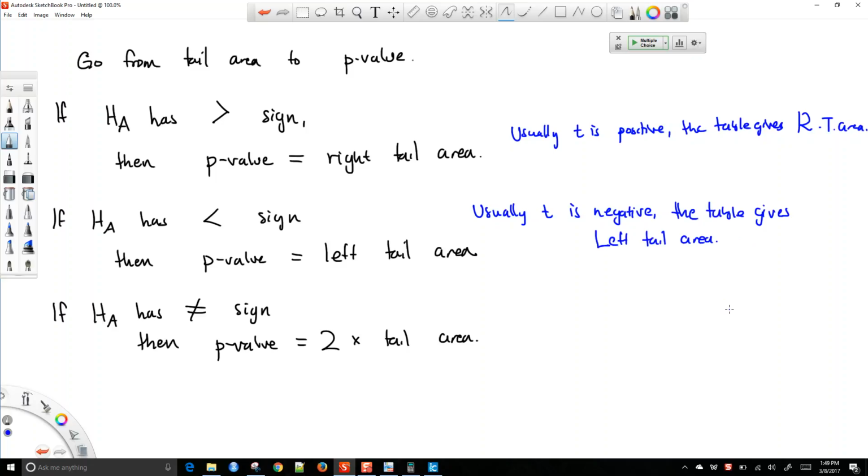Sometimes you have a greater than sign and you get a negative t or something. Well, in that case, it's just that the left plus the right equals 1. This is rare, but possible.